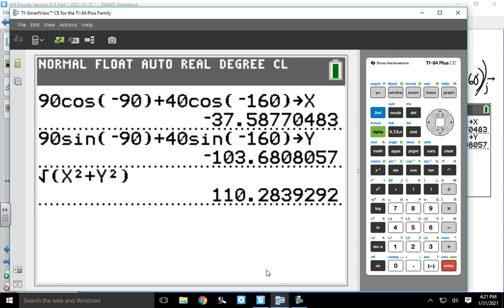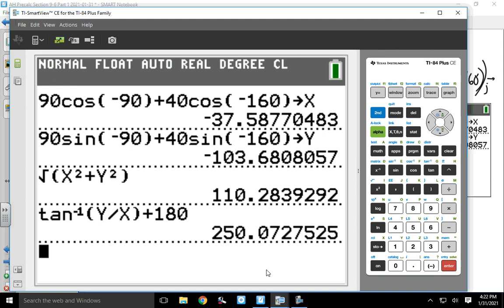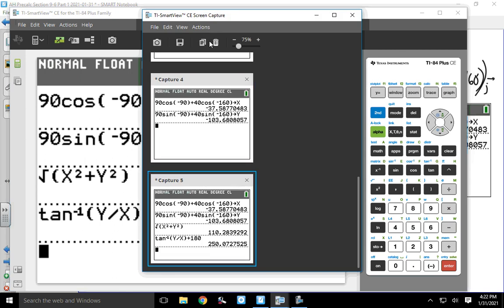Again, I've already stored this on my calculator, so that makes this calculation real easy. Tangent inverse of the y over the x, and this time I'm adding the 180 on there because I want to be in the third quadrant. And we end up with 250.073, it looks like. Let me go ahead and grab a picture of that.